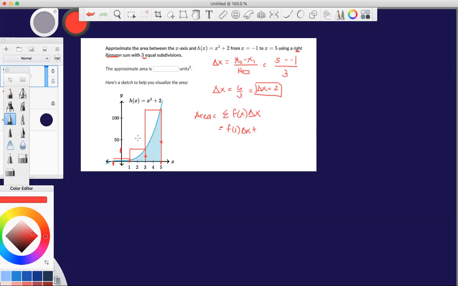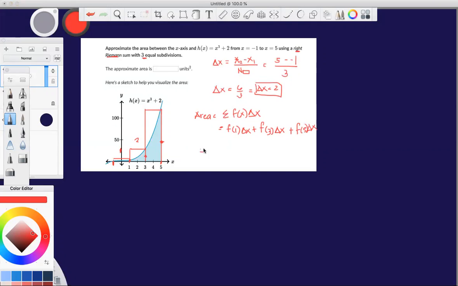f of 1 multiplied by delta x, plus, let's take a look at rectangle number 2. That's going to be f of what? 3. Very good. So f of 3 delta x, plus the last one will be f of 5, so f of 5 delta x.